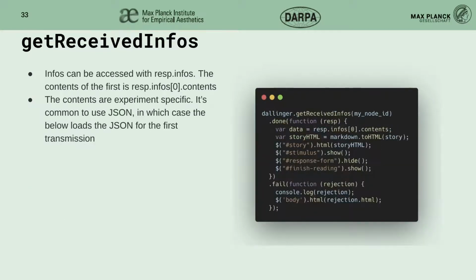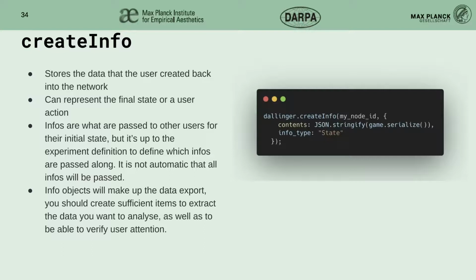So here, you have get received infos, you have this object with a contents attribute, which might be JSON, and then they do something, and you call create info, and the contents is what your user has come out with in the same format. However, there's also this info type. Here it is state. By default, it's info, but you can define your own one. That's something we'll look at a bit later.